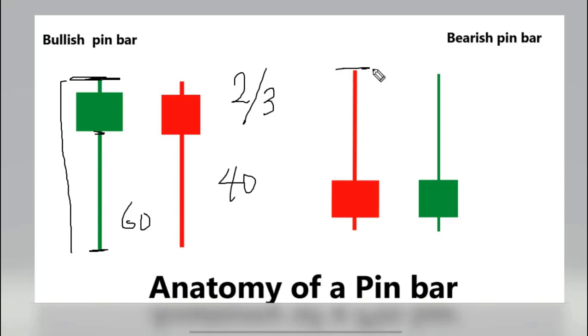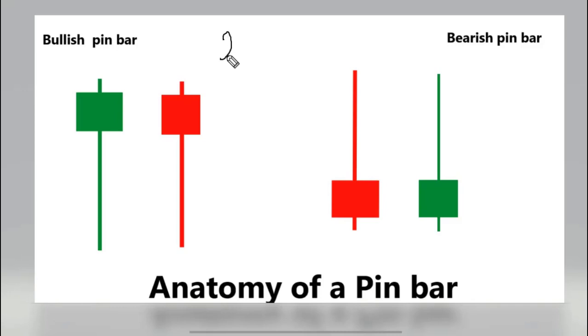For example, if this bar right here is 100 pips, that is the total range of the bar, it means the tail must be at least what? Twice the size of the head. Okay? So right here we got 2/3.